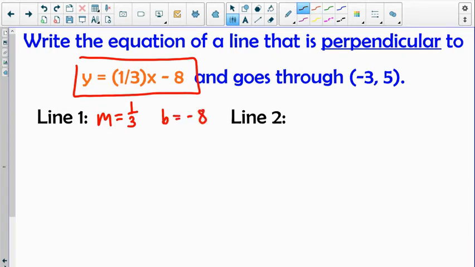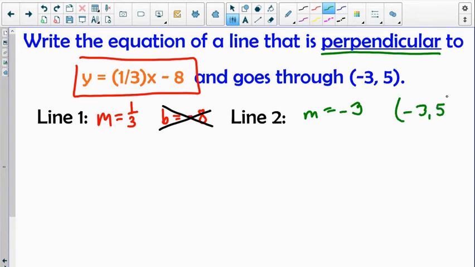Now, when we're solving this algebraically, we don't really care that the y-intercept is -8. We don't really do anything with it. But what we do care about is that slope. We're working with perpendicular lines, so the slopes are opposite reciprocals. The opposite reciprocal of 1/3 is -3/1, or we can just say -3.